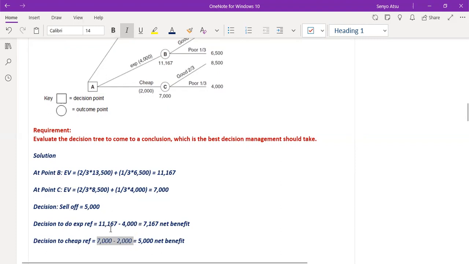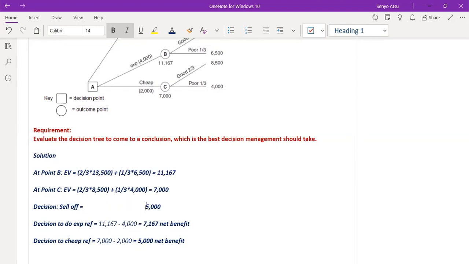If you choose expensive refurb, the net benefit to you is 7,167, all figures in thousands of dollars. If you take a decision to sell off the facility, you get 5,000 as your benefit.